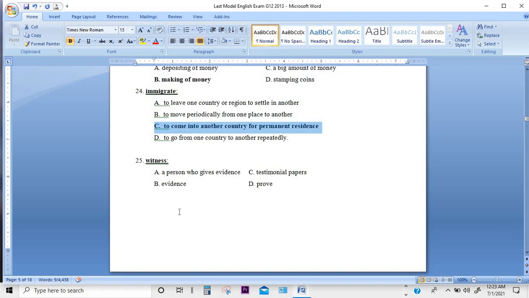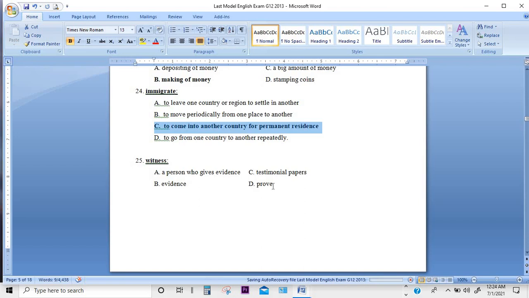meaning for the word witness is a person who gives evidence. Okay, a person or persons who give evidence, or who testify, who gives testimony about something, some information. Okay, but according to the way it is used in the context, witness means proof.